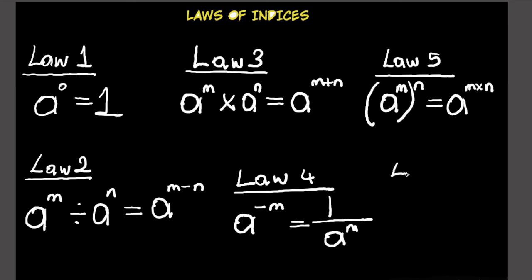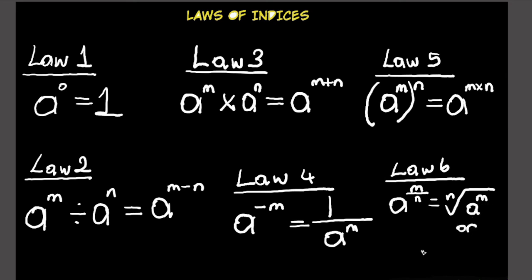And the 6th and final law, a raised to a fractional power is equal to the denominator of that power, finding the root of a raised to the numerator, which would be the power. So it would be equal to the nth root of a raised to m, or you could write it as the nth root of a all raised to the power of m.